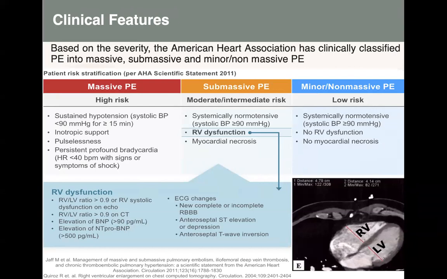Also, when the patient needs inotropic support, or when there is pulselessness, or persistent profound bradycardia, heart rate less than 40 beats per minute with signs or symptoms of shock. Patients with massive pulmonary embolism are at high risk of mortality.